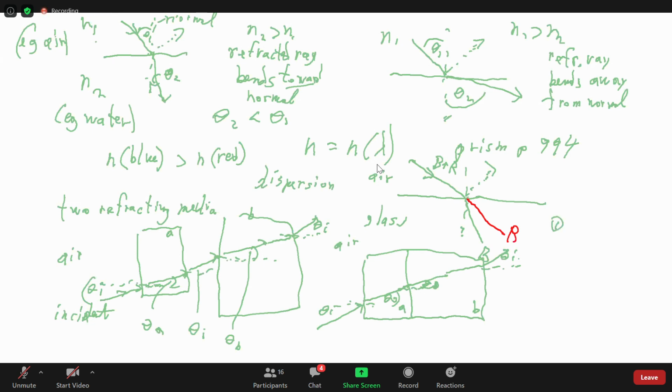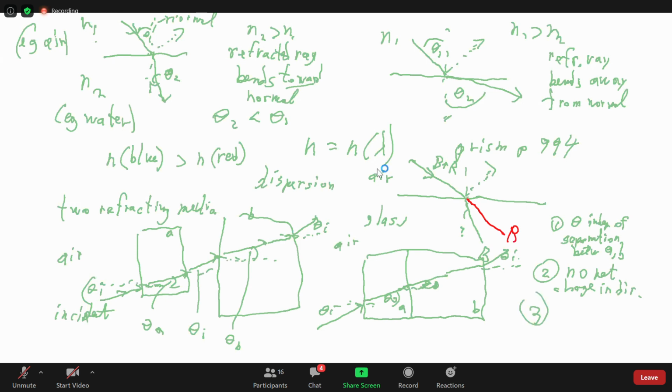The first thing we conclude is that the angles we get are independent of the separation between the blocks A and B. Second, when you're all done, when you finally get out of all that stuff, there's actually no net change in direction.